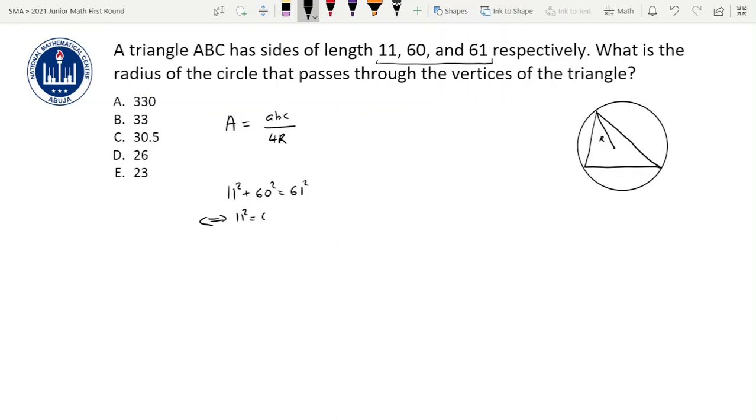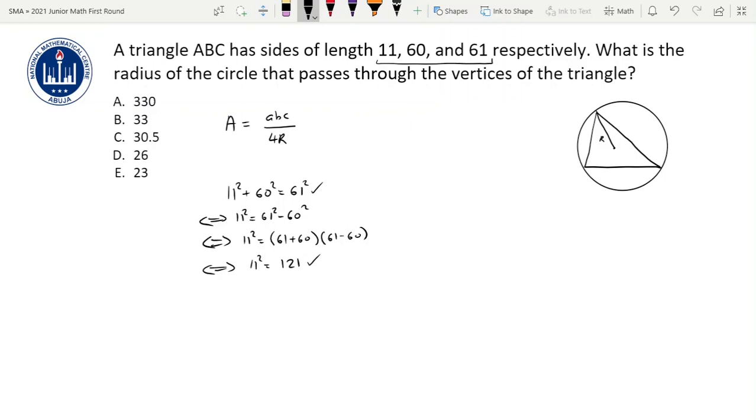You have 11 squared equals 61 squared minus 60 squared, and you have 11 squared equals 61 plus 60 times 61 minus 60. Then you have 11 squared to be 121, right? And this is true, meaning that this here too is true. So that's how we know that 11, 60, and 61 are a Pythagorean triple.